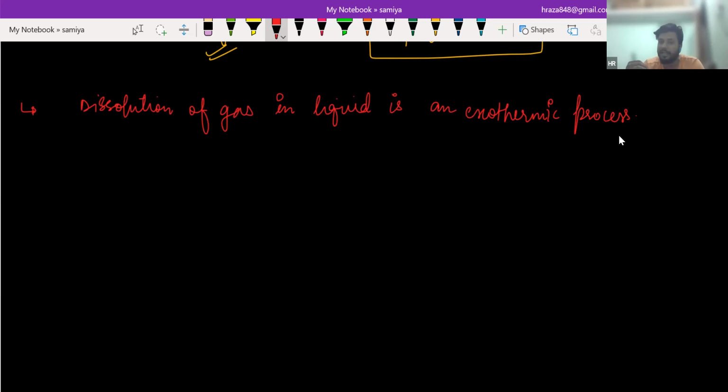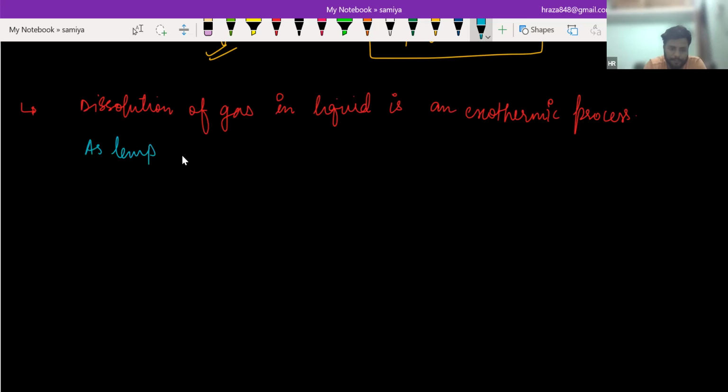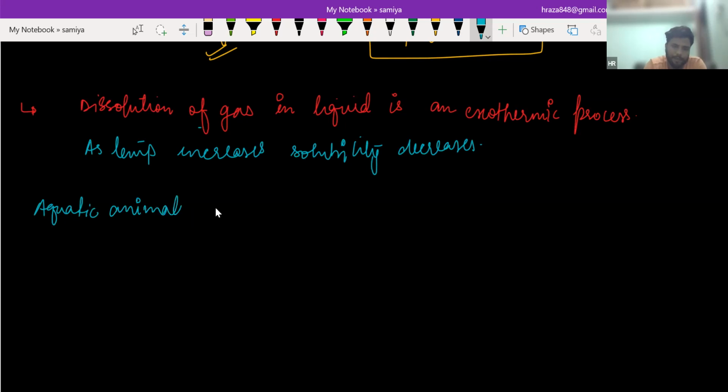When temperature is high, solubility of gas in liquid will be lower, right? As temperature increases, solubility decreases. So aquatic animals are more comfortable in cold water.